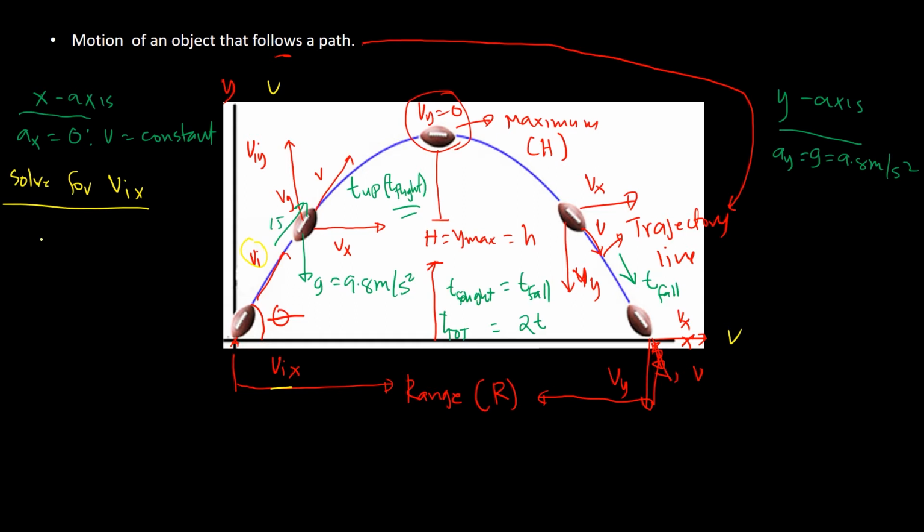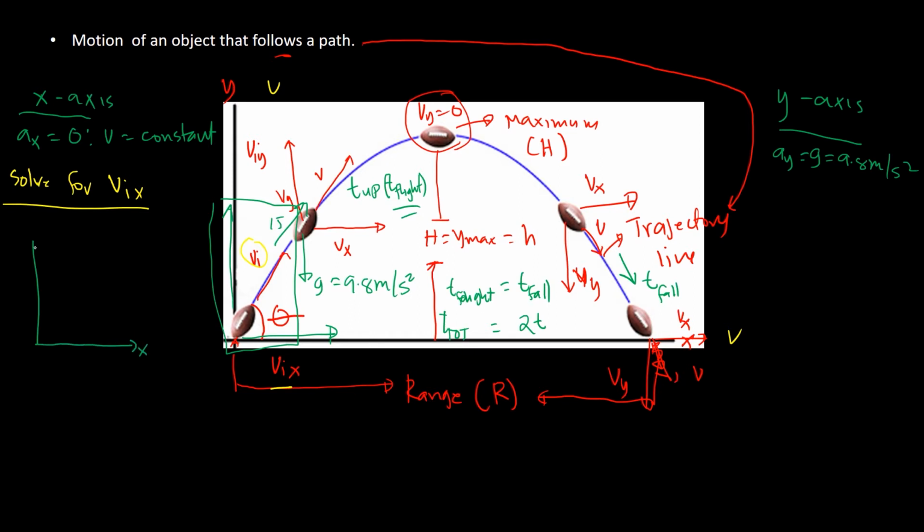So the first thing is to solve for v sub ix. As you can see here, if we enlarge this line, we have a vertical component and also a horizontal component. So if we draw here, this will be our vertical component and this is our horizontal component.